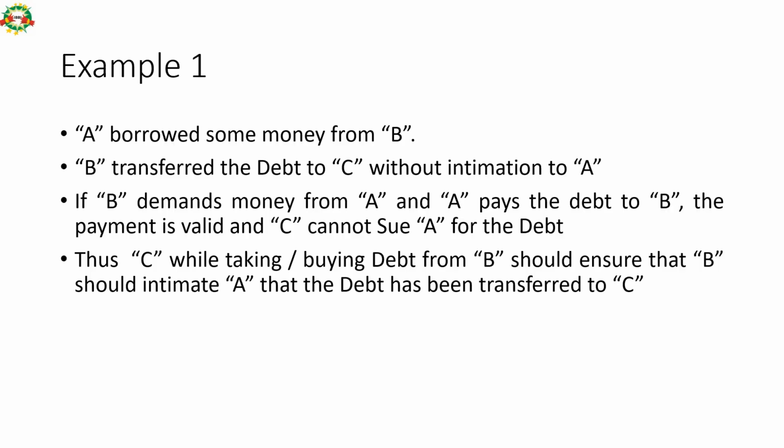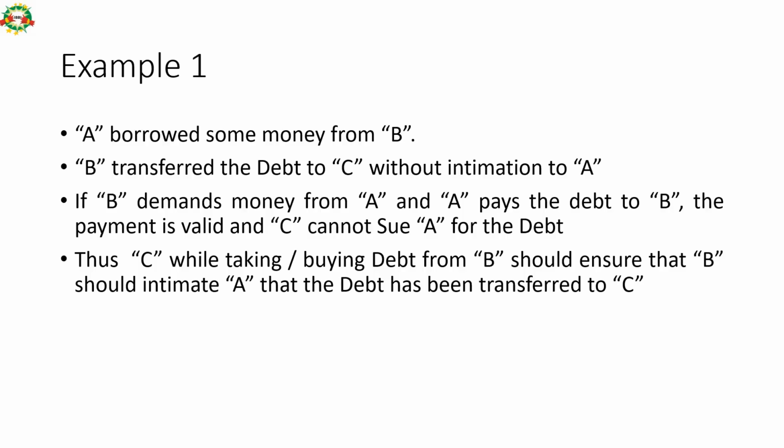Now if B demands money from A, that is, my existing bank demands money from me, and I pay my loan to bank B, the payment is valid and C cannot sue A for the debt.